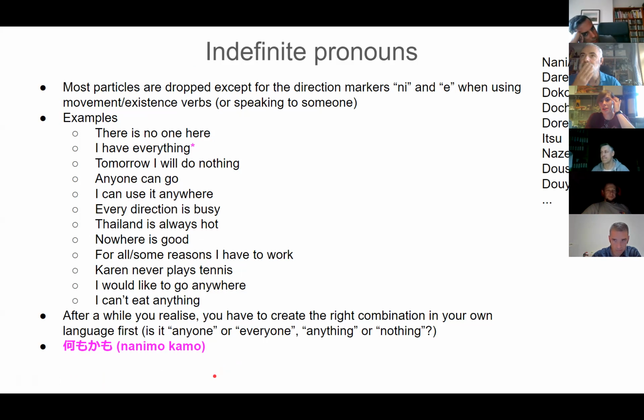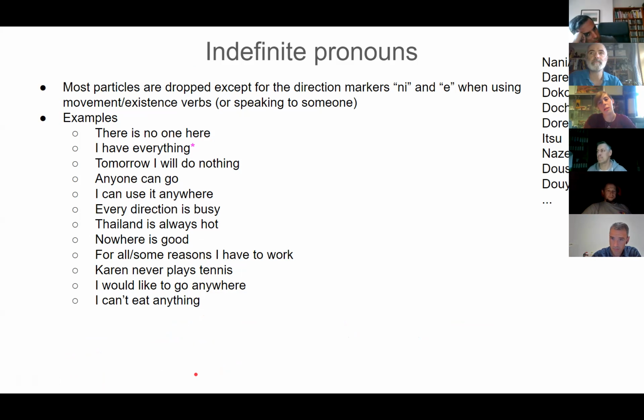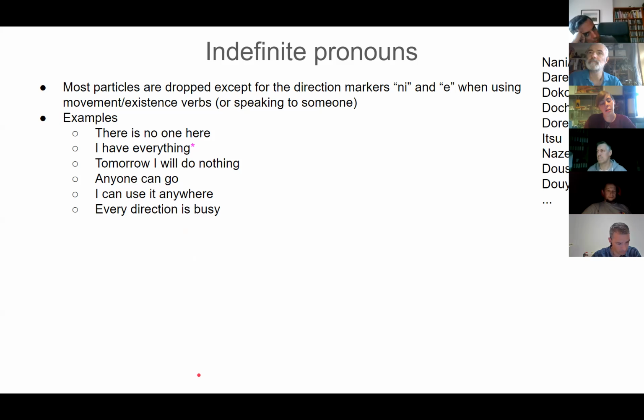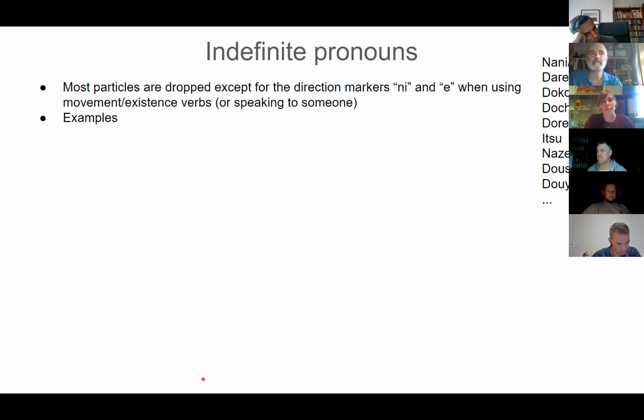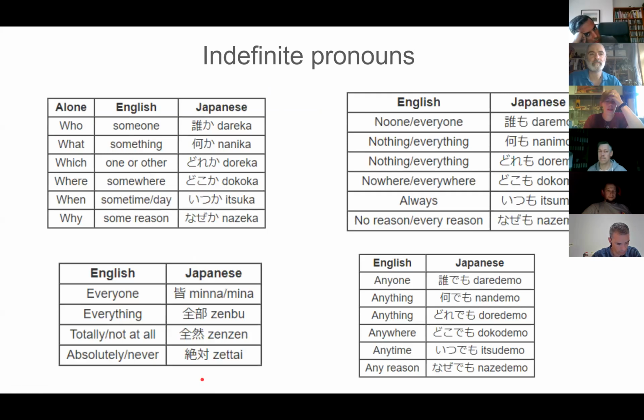All right. Any questions, guys? ちょっと質問があります。はい、どうぞ。I was looking at the previous slide where you can see all the indefinite pronouns, and you have zenzen and zettai. But is there a big difference between the two?